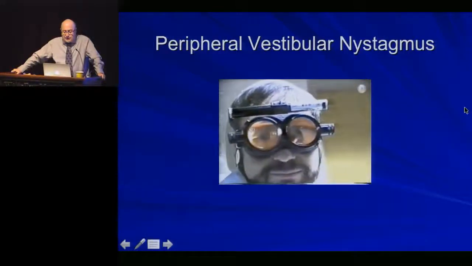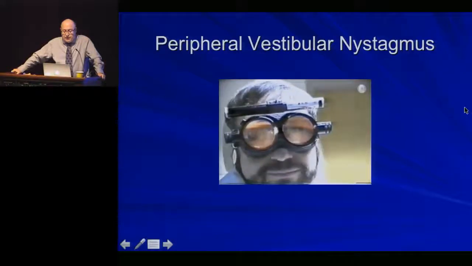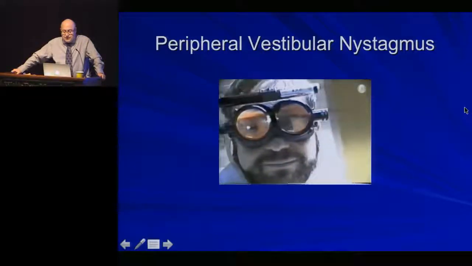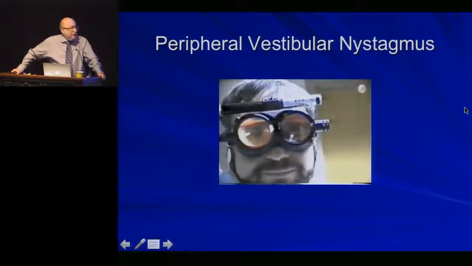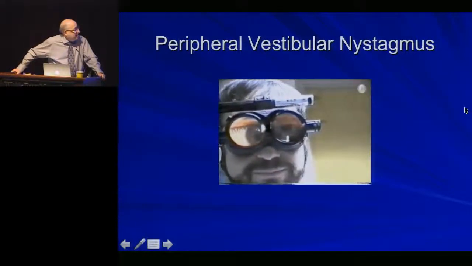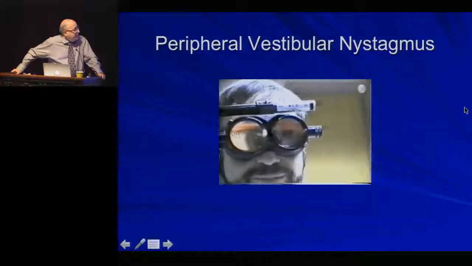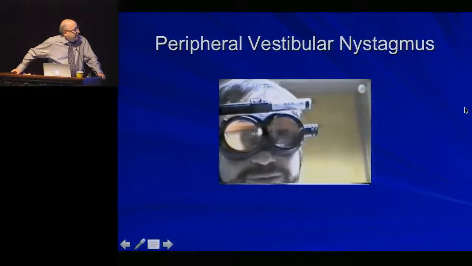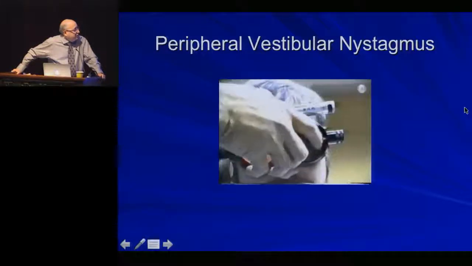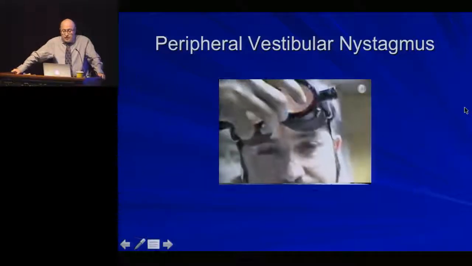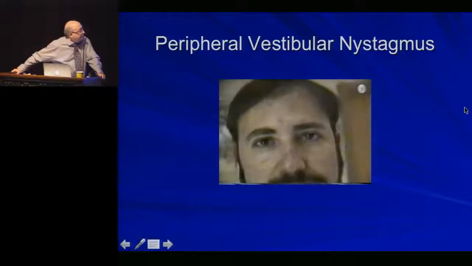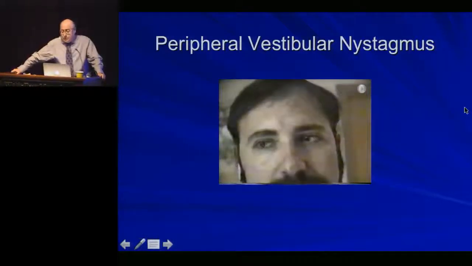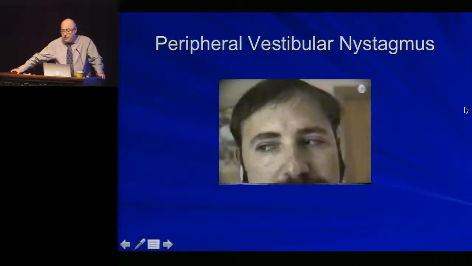In right gaze, there's a tiny bit of left beating nystagmus, but much less than in left gaze. As you go to the left, it's more prominent. So a pattern of a right-sided peripheral vestibular abnormality. Take off the Frenzel goggles, the nystagmus is gone. Okay? Typical peripheral vestibular pattern, unilateral.